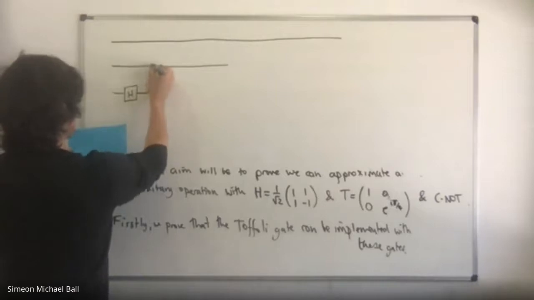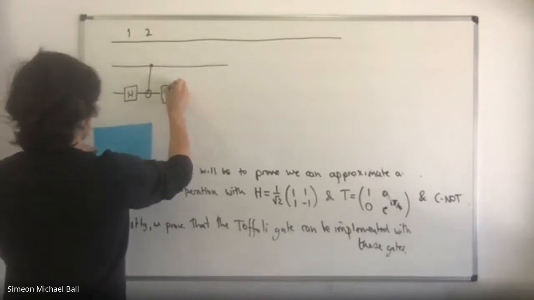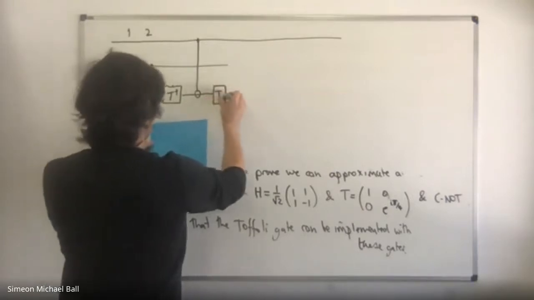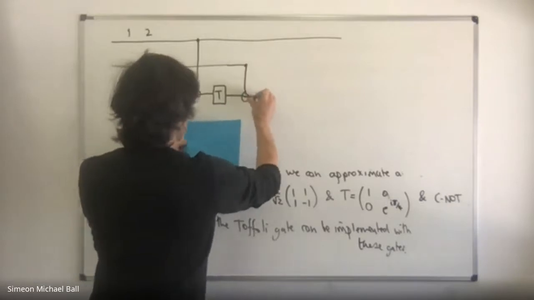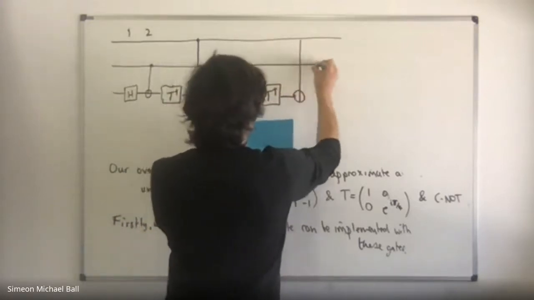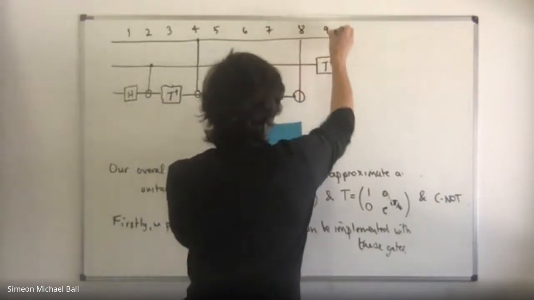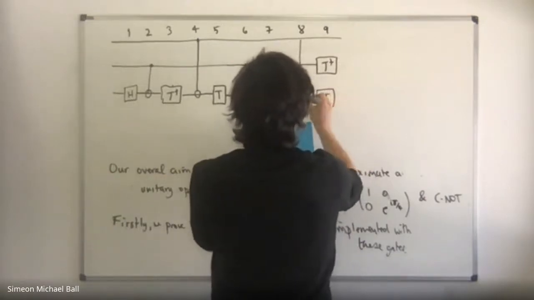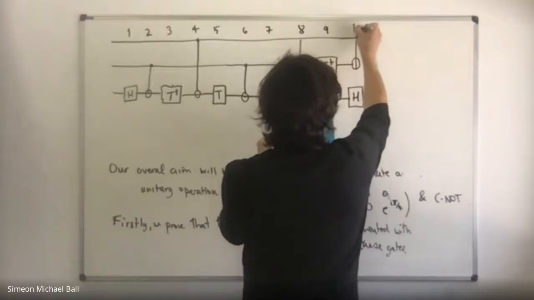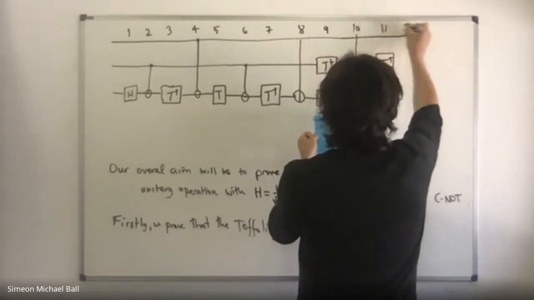And here goes. So we've got H, then C-NOT, Hermitian conjugate of T, another C-NOT, T, C-NOT, and so on. Let's count: 1, 2, 3, 4, 5, 6, 7, 8, 9, almost there, 11, 12.